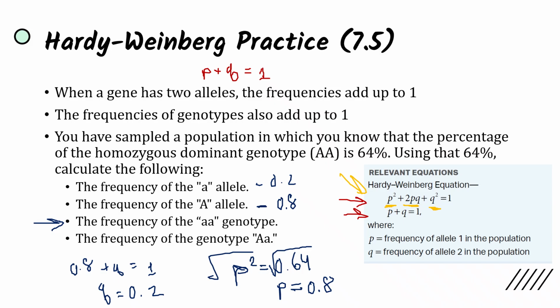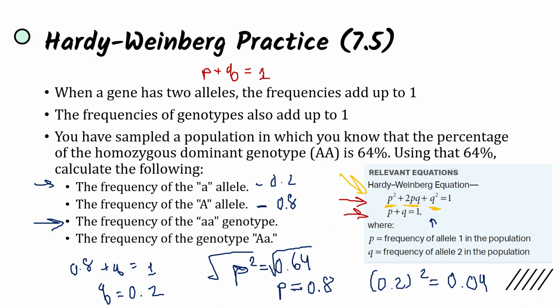And so we know that homozygous recessive in our Hardy-Weinberg equation is going to be Q squared. And we know what our Q is. We know that the frequency of the recessive allele is 0.2. So we can take 0.2 and we can square that and get 0.04.